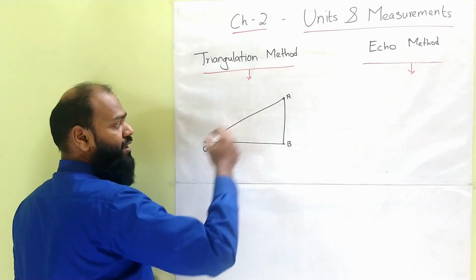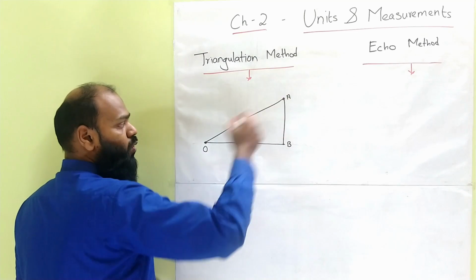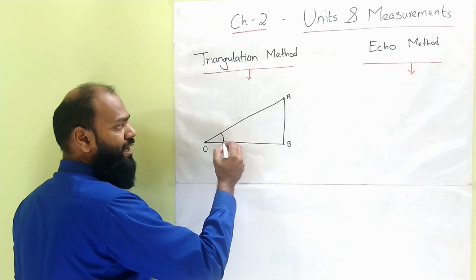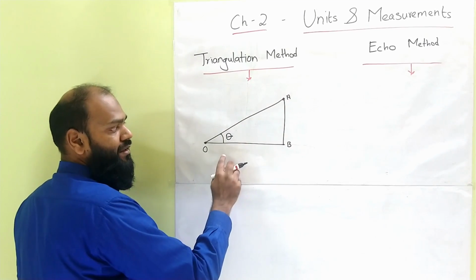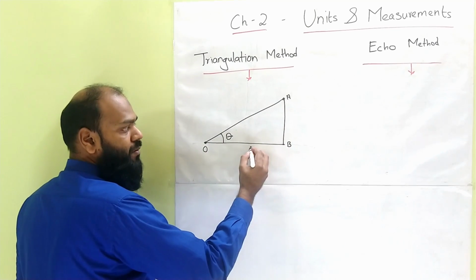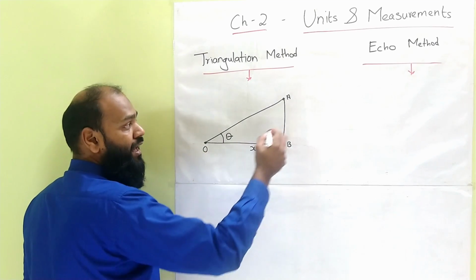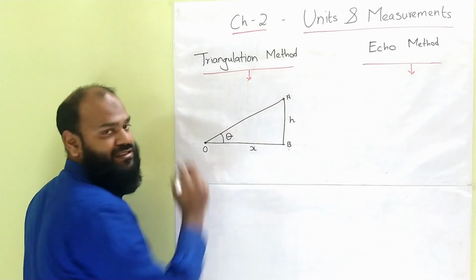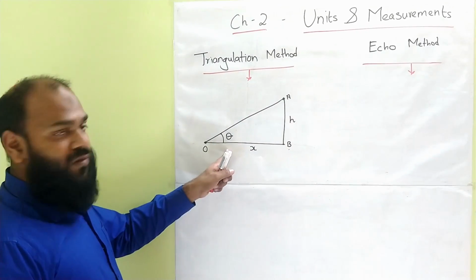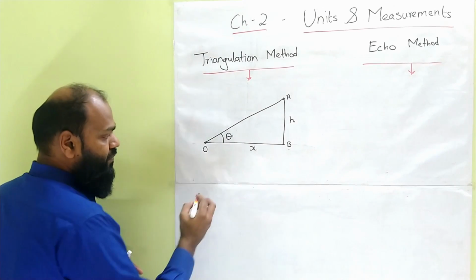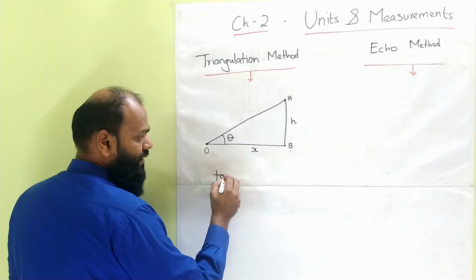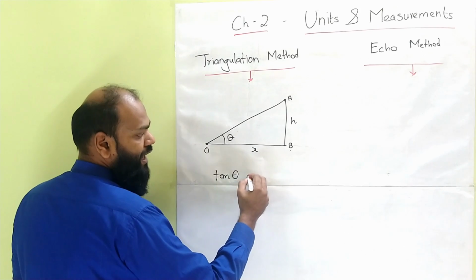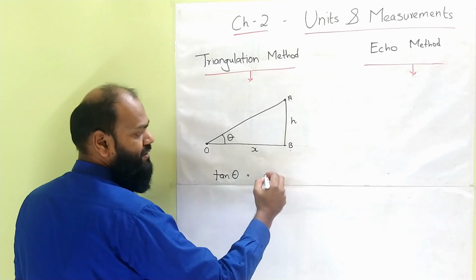Now the angle subtended between OA and OB, let the angle be theta, and the distance O to B be x and the height A to B be h. From the laws of trigonometry, tan theta can be written as h by x.